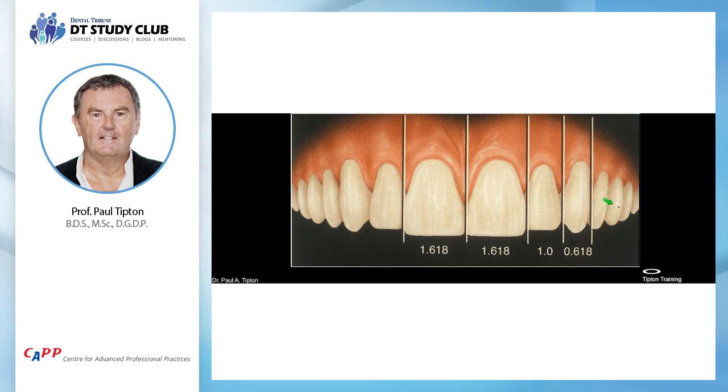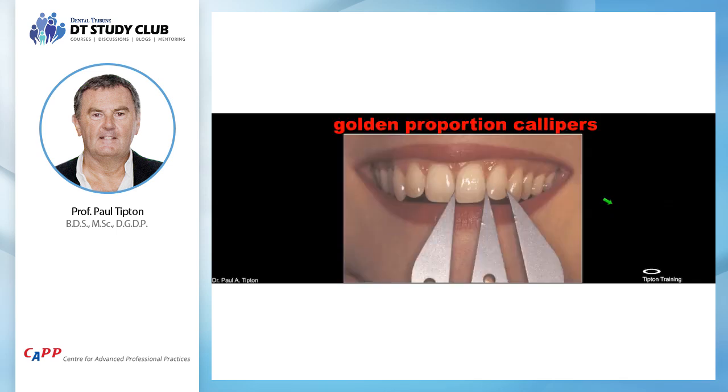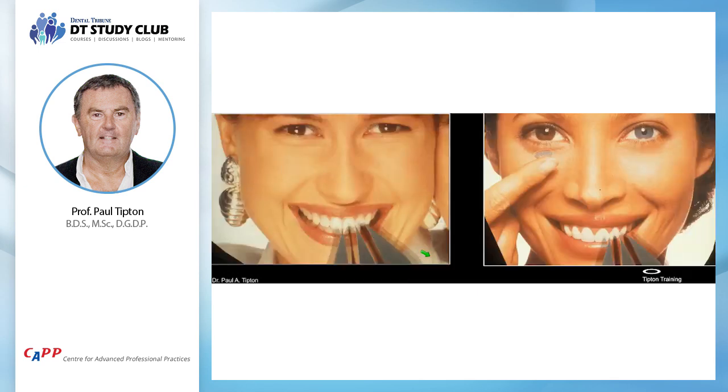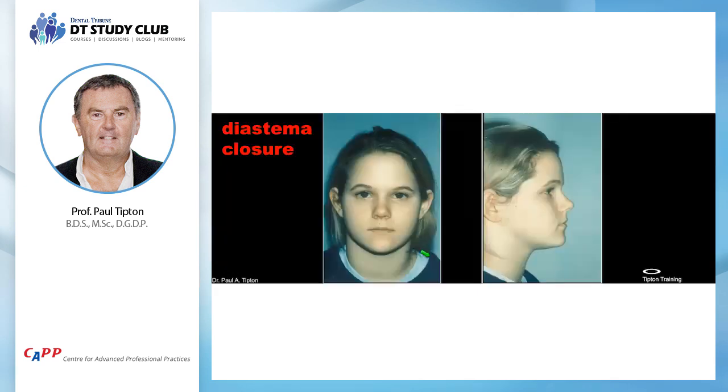So as we go further back, we show less and less tooth at the front when we smile in that same proportion of 1.6 to 1. You can get golden proportion calipers, and these are calipers which are very, very useful to get because that will allow us to look at teeth and to show, and here's a beautiful smile, a natural smile, and straight away you can see that the central incisor width to the lateral is 1.6 to 1. We can look at magazines and we can check all this out.